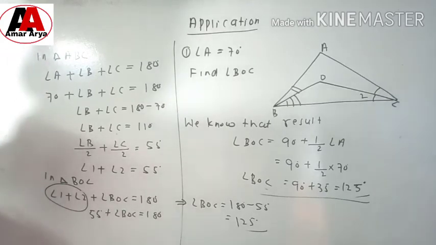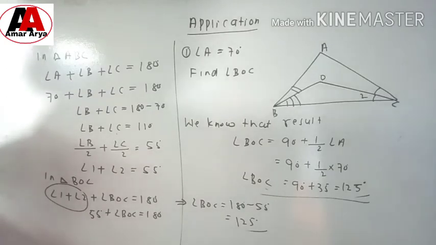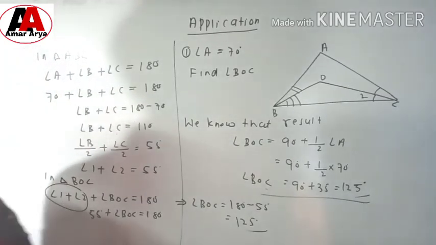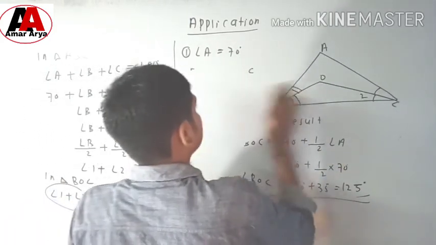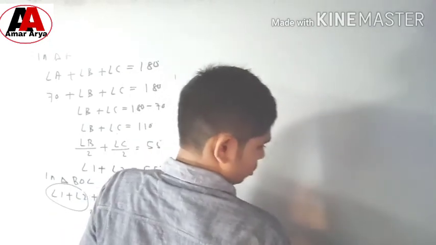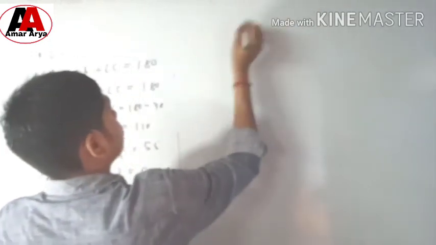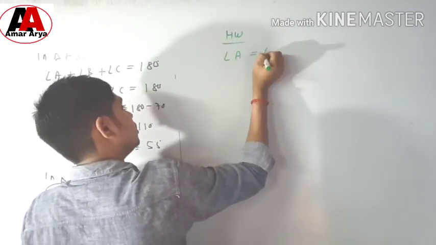Okay, so I will give some homework regarding this. In each and every case you need to find angle BOC. I am going to give some questions regarding this topic. Here are the questions, that is the homework. Question 1: A equals 60 degree.